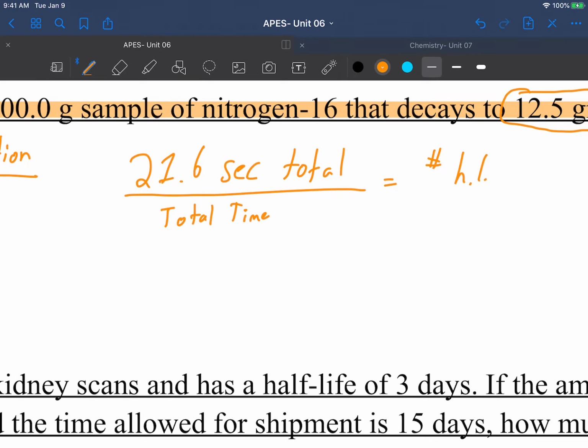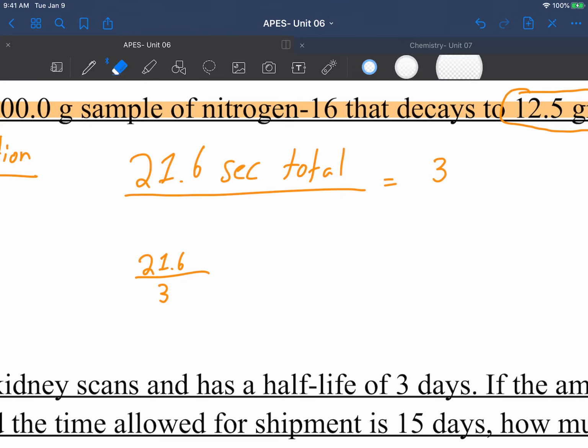Now, I do know that my number of half-lives is 3. So let's go ahead and substitute this. Now, you can rearrange the formula, but you get 21.6 divided by 3. Oh, my bad. That says total time. That should say length of half-life.